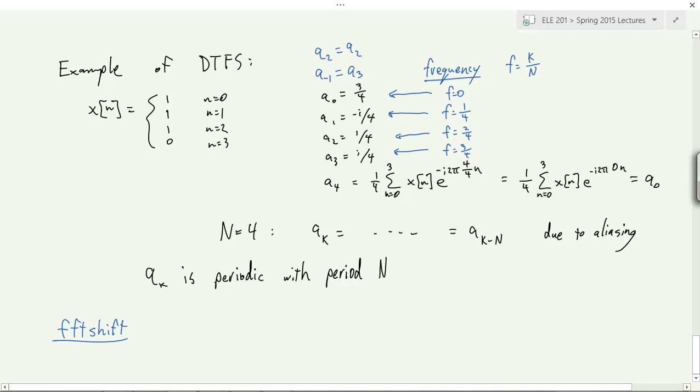So the frequency interpretation is that A2 is not just f equals 2 over 4, but you could also interpret it as f equals negative 2/4. And this term you could interpret as f equals negative 1/4. The FFT shift simply rearranges your vector. It takes the second half and puts it before the first half for exactly this reason. I'll talk about it again next time, but you can think about it yourself and figure it out if you want from your experience in the lab. Okay.